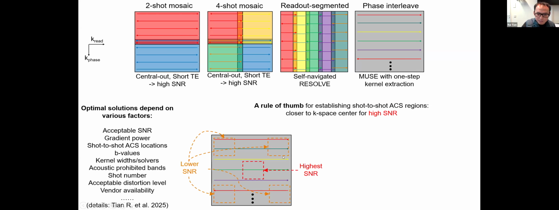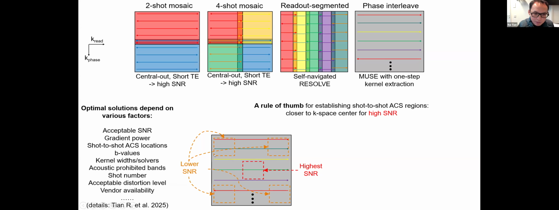For example, in this phase interleaved EPI, for different shots of scans, you construct intermediate ACS regions. And these regions can be at the center or at different peripheral regions of k-space, like in MUSE or regional MUSE at least. But at the k-space center, you definitely will have higher SNR.